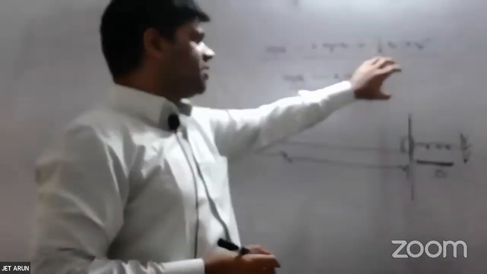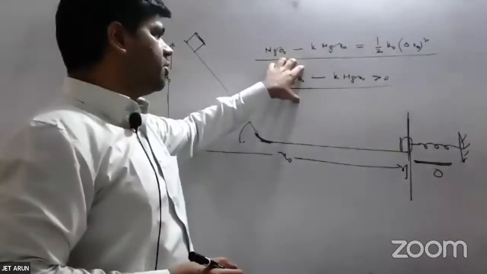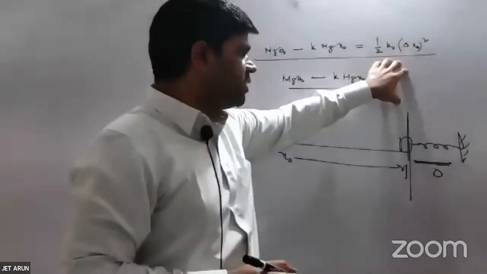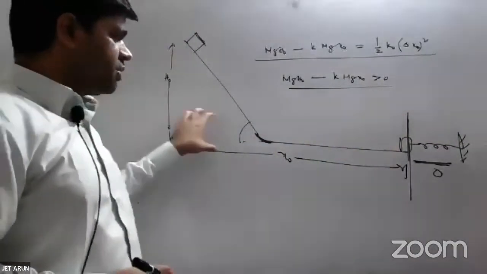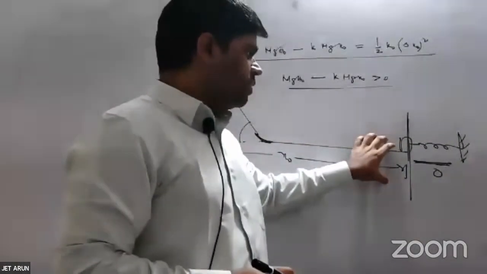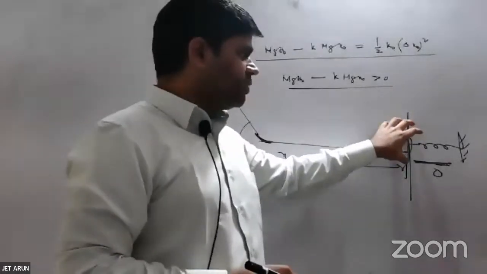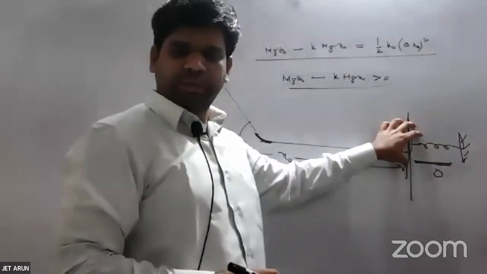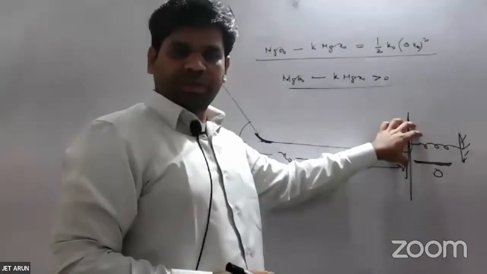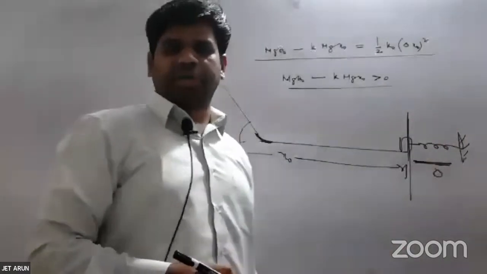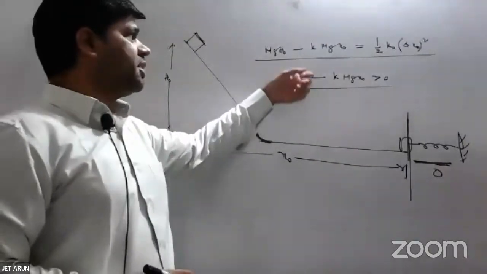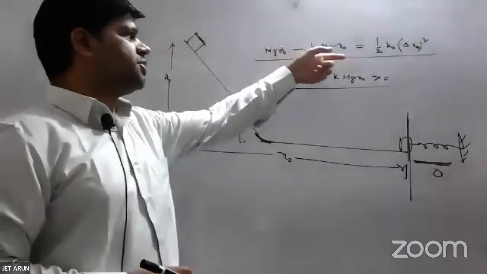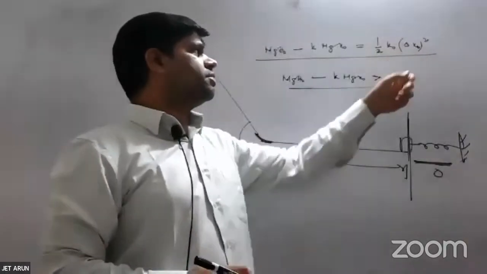After this loss, there should be some energy remaining. Only then we'll go ahead and compress the spring. So for the spring to be compressed, this is the condition first. After this condition, I'll have this equation to get delta x naught.